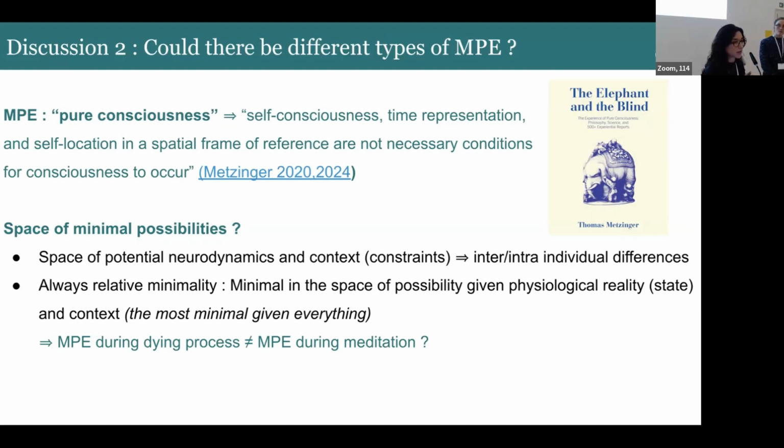I think it makes sense to ask this because the brain can have very different constraints according to the state it is in, with really high inter- and intra-individual differences. We could also talk about a relative minimality, in which an aspect of the experience is minimal with respect to a specific state and context. So here we ask whether, for example, there is an MP during the dying process. Is it different from during meditation?